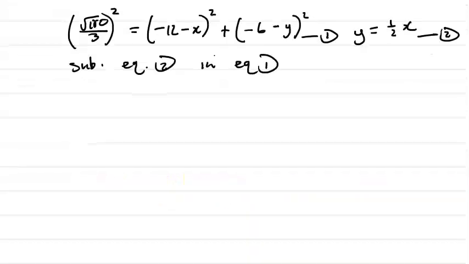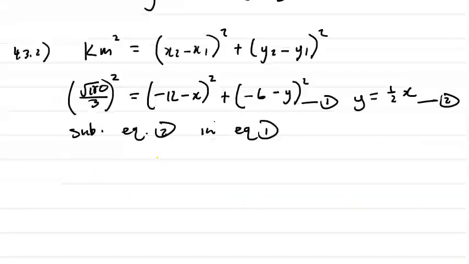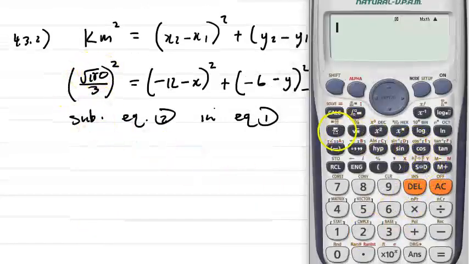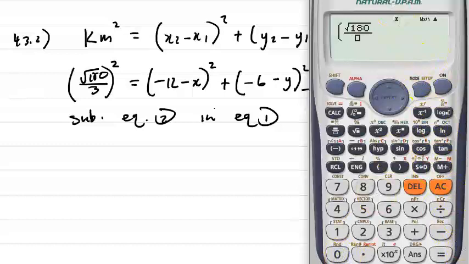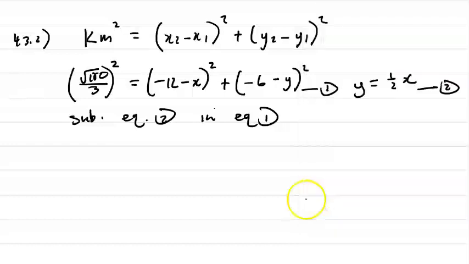So let's simplify. What do we have? Well, the square root of 180 over 3 all squared. Let's put that in our calculator. Square root of 180 all over 3, all squared equals 20.